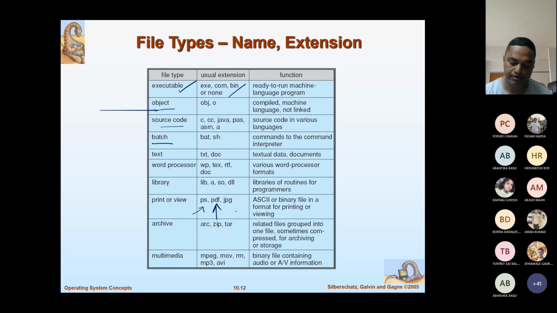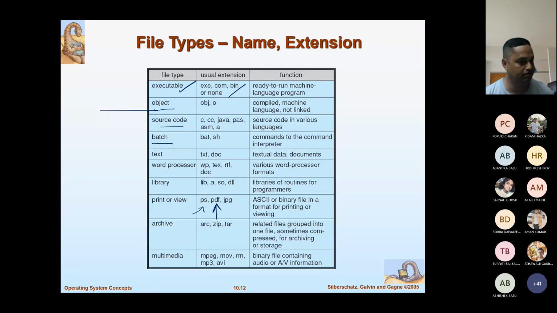What do library files do? If you have a compiler, there are library functions that you want to use. Those library functions may be written in some file of the compiler.